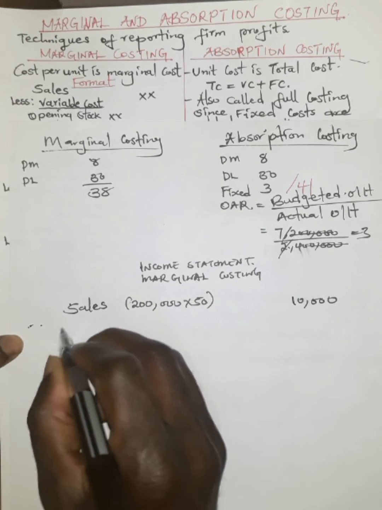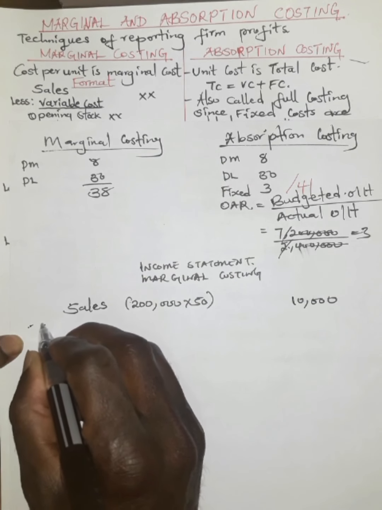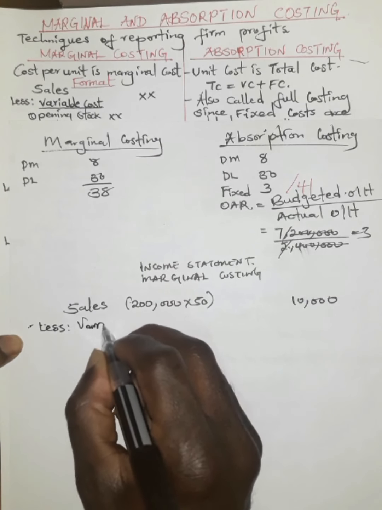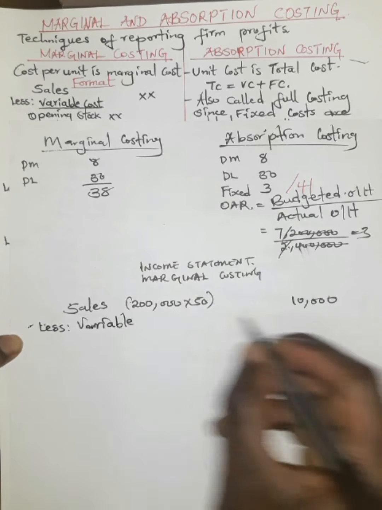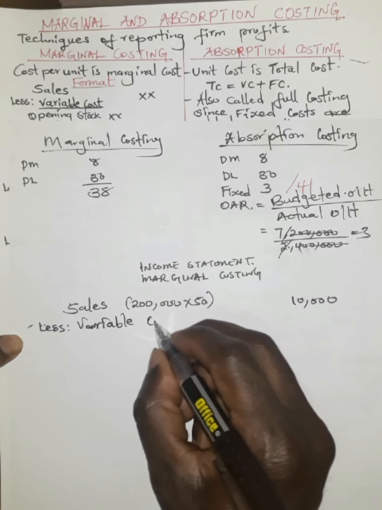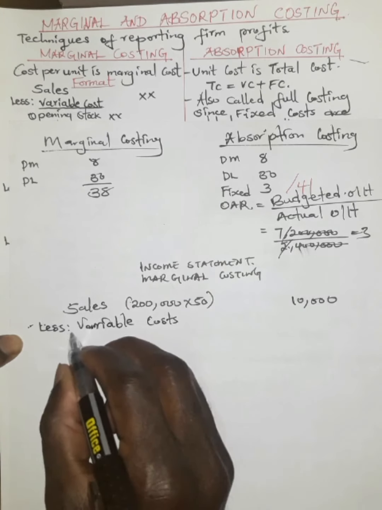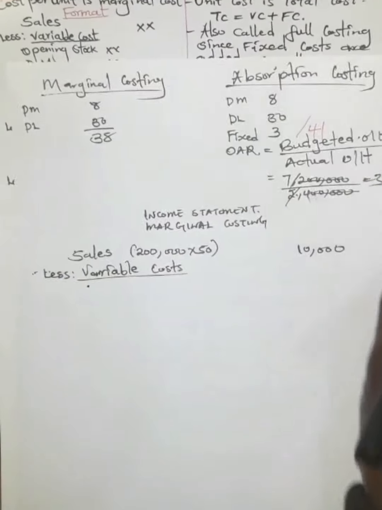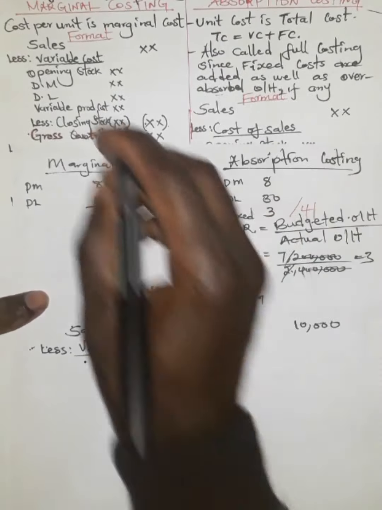So we less variable cost, and you should know that variable cost has many components. One of them is the opening stock.